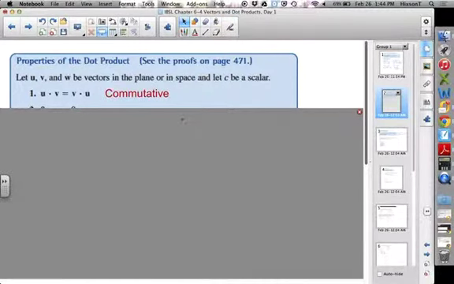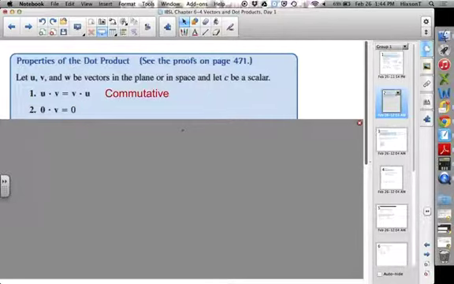We know it works for regular numbers. We showed it worked for vector addition. Now we know it works for the dot product as well, okay? Secondly here, we have the zero vector. Yeah, the zero property. Okay, the zero vector dotted with any other vector is going to give us the scalar 0.